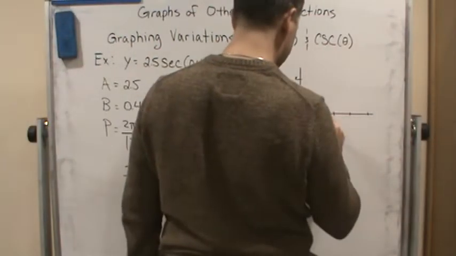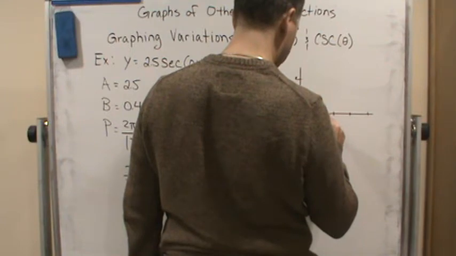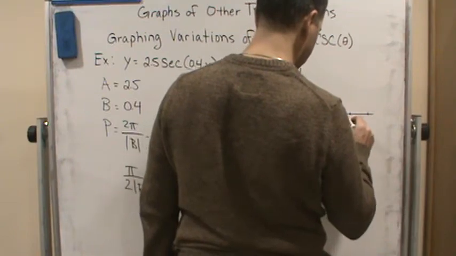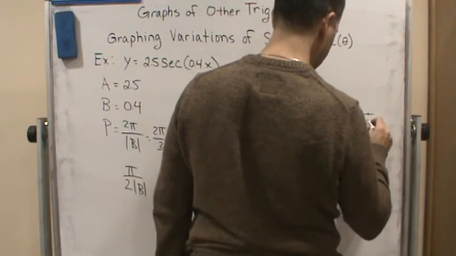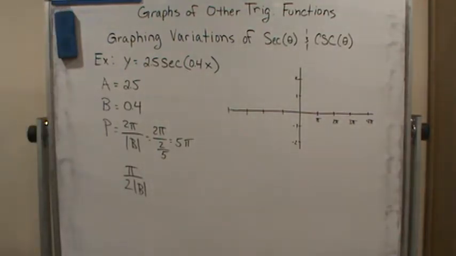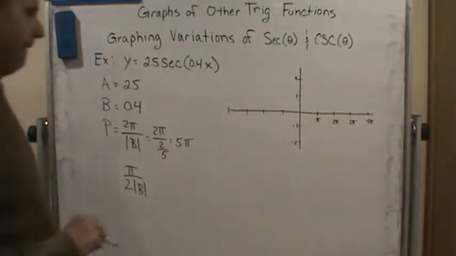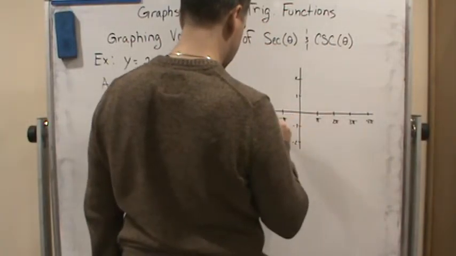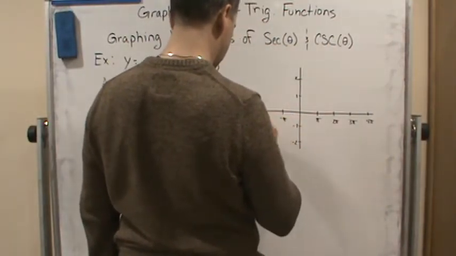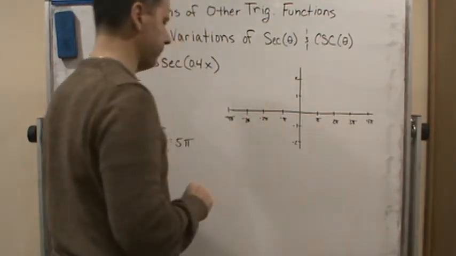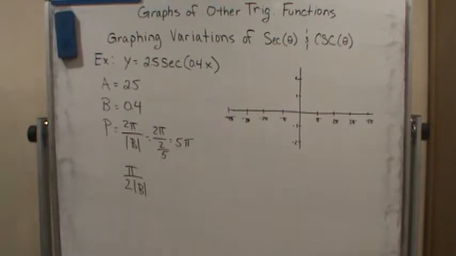And let's do pi, 2 pi, 4 pi. And this is going to be -pi, 2 pi. Okay, so let's label that.